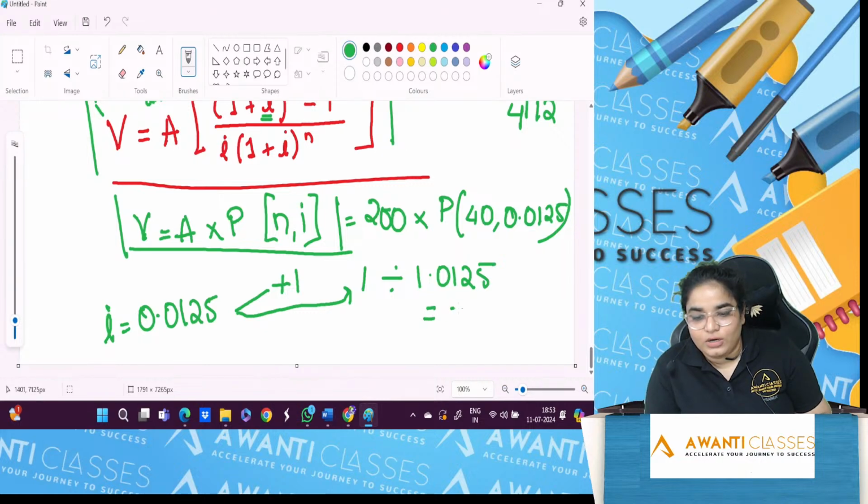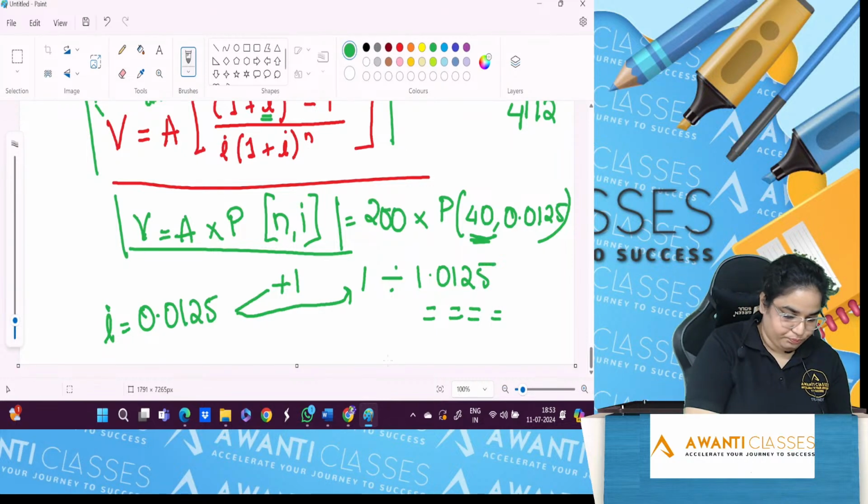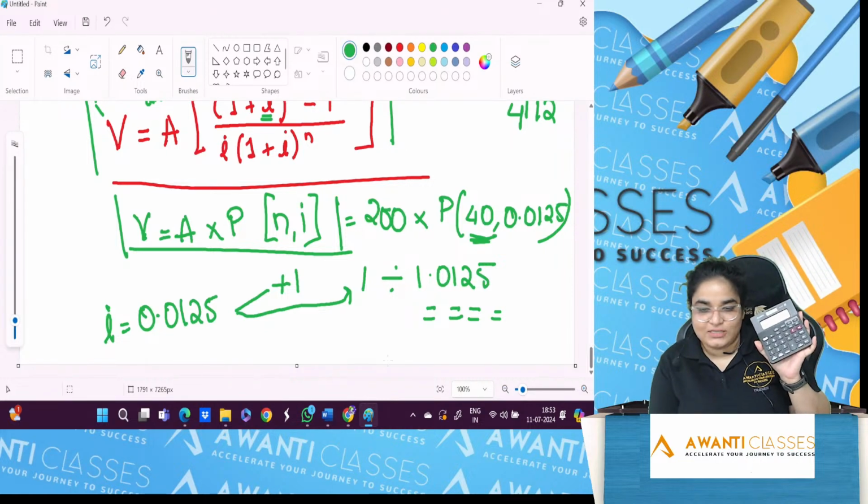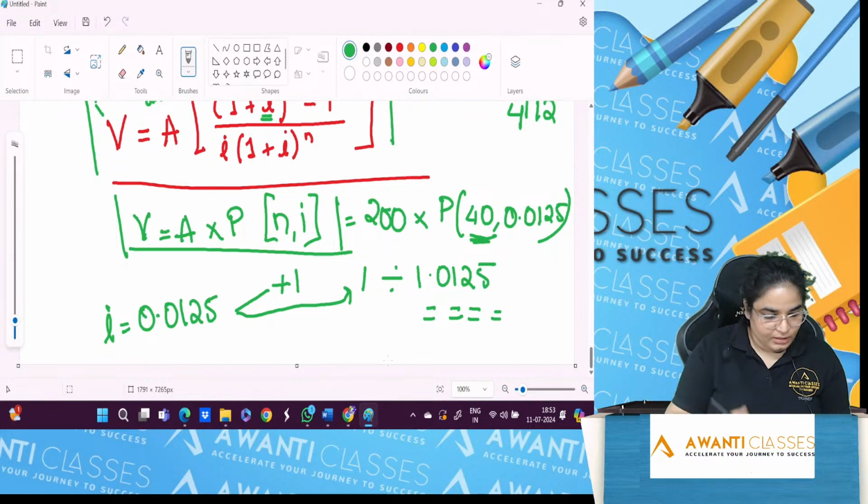Press equal to 40 times. Okay, so I am getting 0.6 something. I am getting that much.